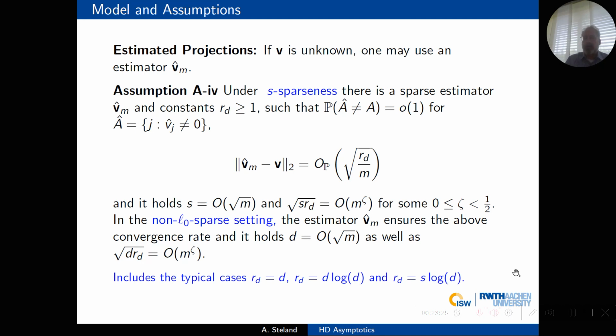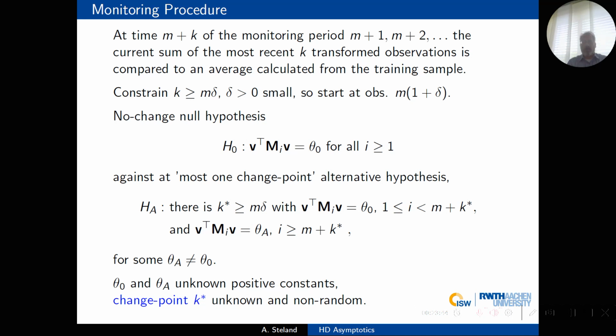And if you use a sparse estimator with a nice rate of convergence, we have these estimators available, then one can analyze that the dimension can essentially grow almost exponentially. So this is the assumption on the estimator.